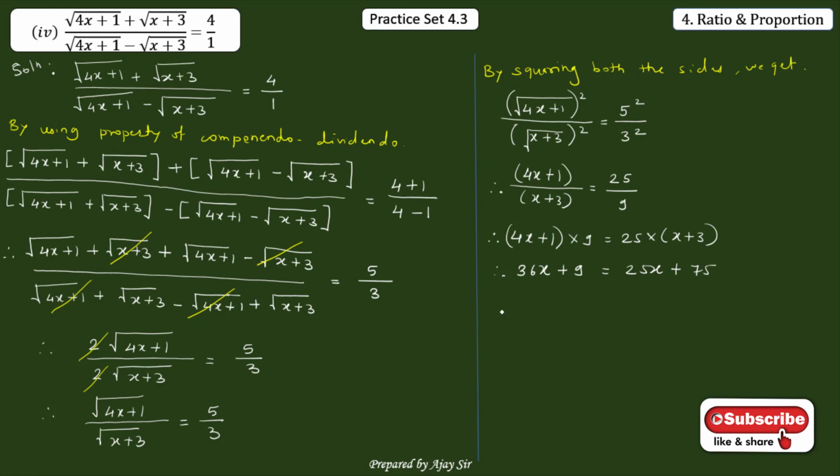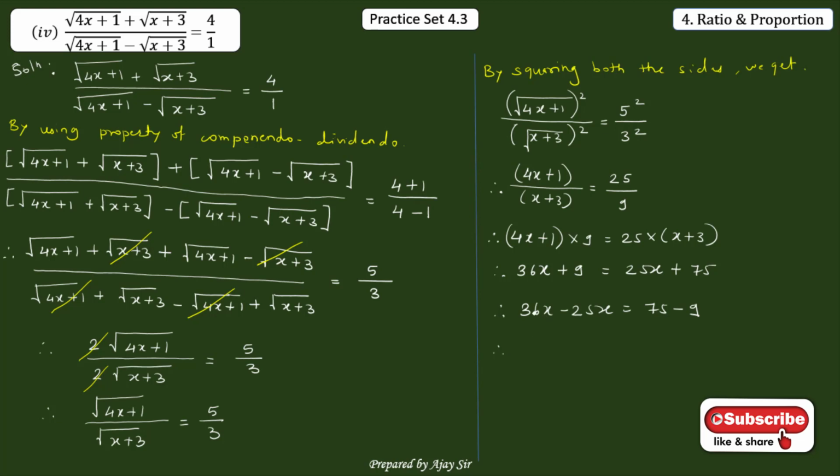This 36 is the bigger and this 25 is the smaller. So 36x minus 25x is equal to 75, we keep 75 here, and this smaller we shift to the right hand side. So therefore this is plus 9 minus 9.